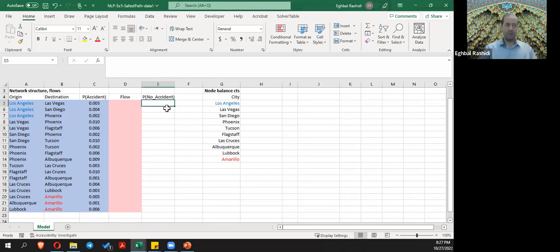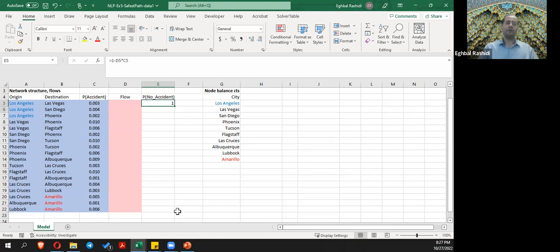So that's going to be 1 minus flow multiplied by the probability. One minus whether this is selected or not, multiplied by the probability.